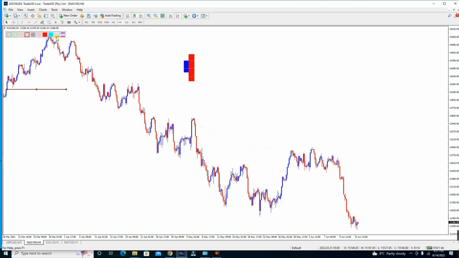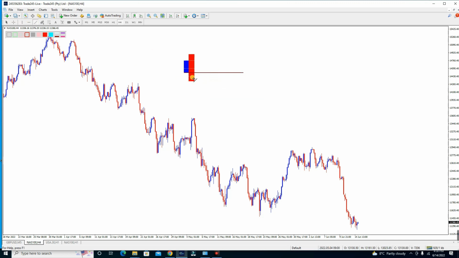At the area where this bearish candle engulfs this blue candle, which is your bullish candle, this area becomes our sell zone. This is the area that you want to target for sell entries.